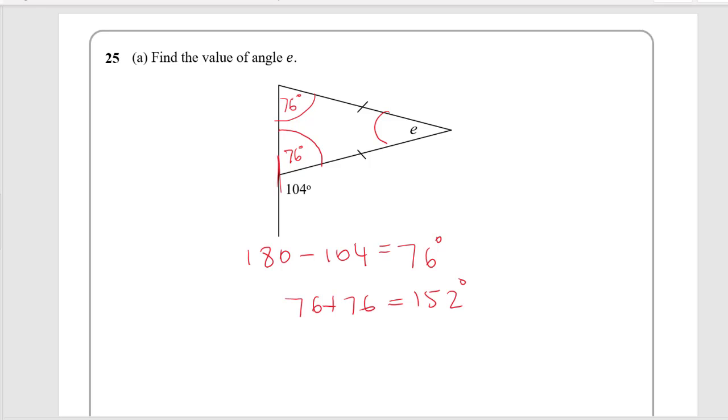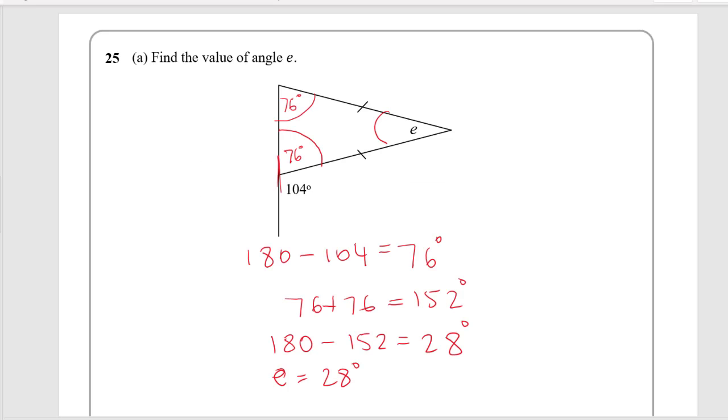Then again, I do make mistakes sometimes. So to find E, we need to take away from 180 degrees. So 180 take away 152, because angles in a triangle add up to 180 degrees. And that gives us 28 degrees. So E is 28 degrees. And that's the answer for this one.